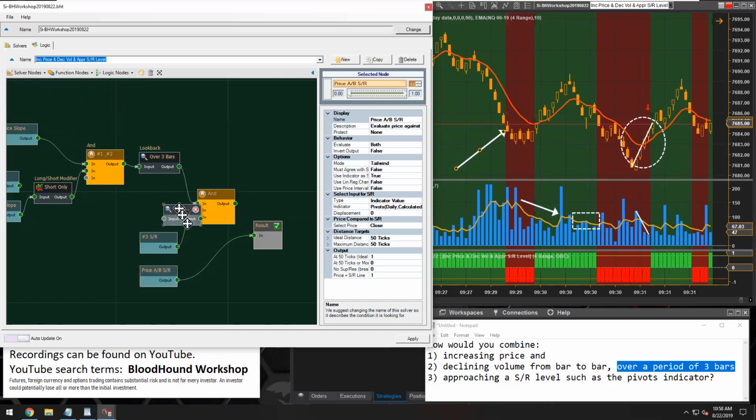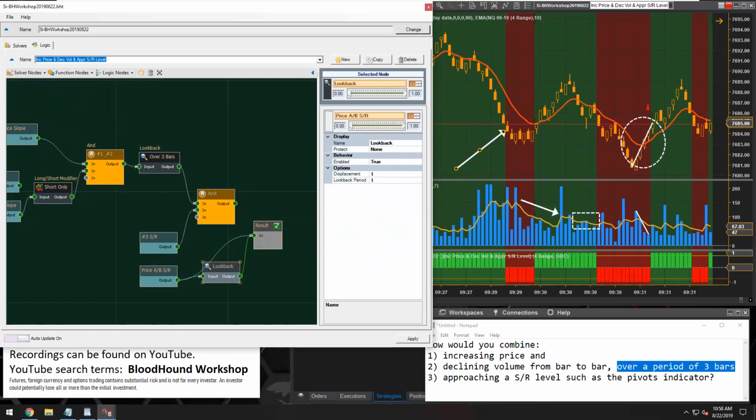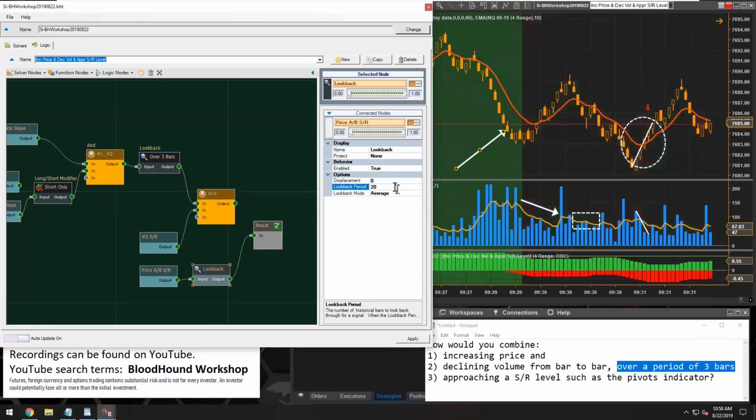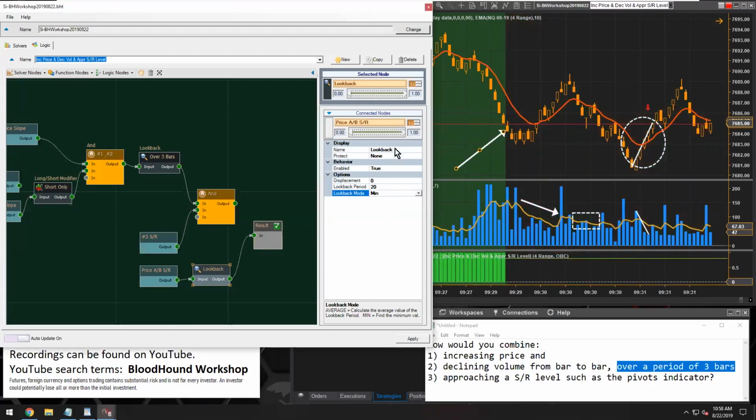So let's grab a look back period. We'll have to make a judgment call on how many bars of price being above or below the support resistance level you'll need prior to the signal. Let's just say, for good measure, how about 20 bars? Something like that. So we want a minimum of 20 bars.